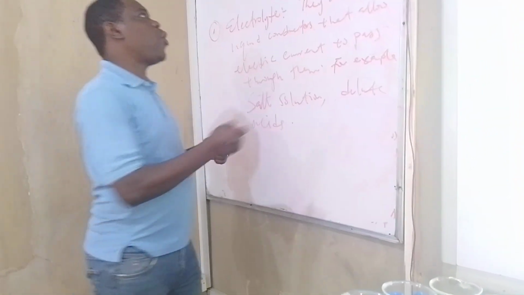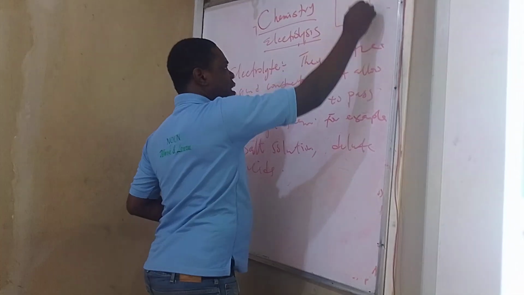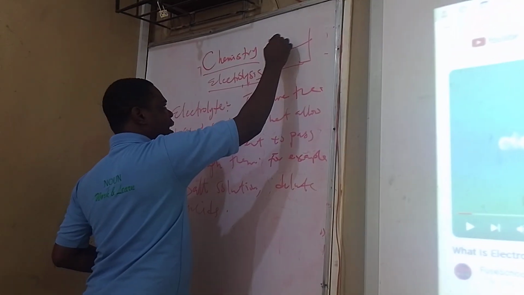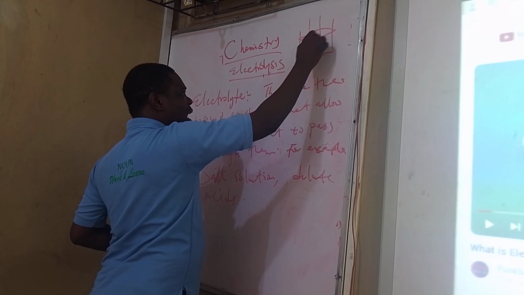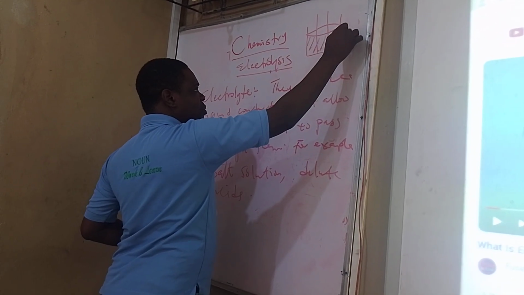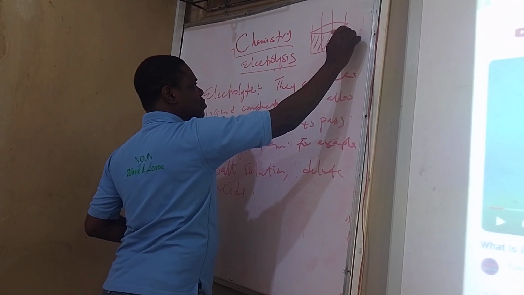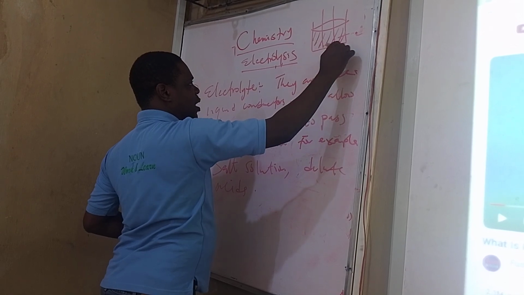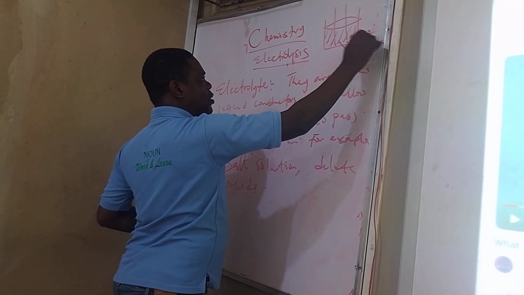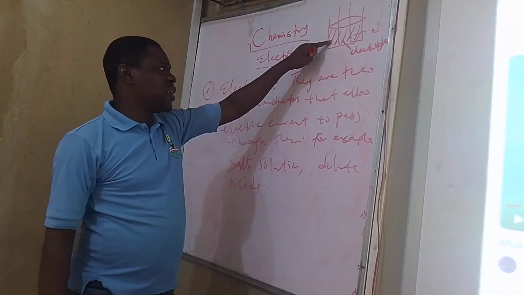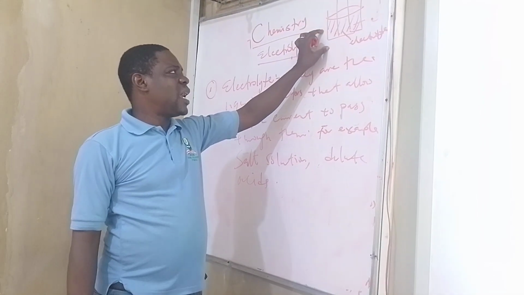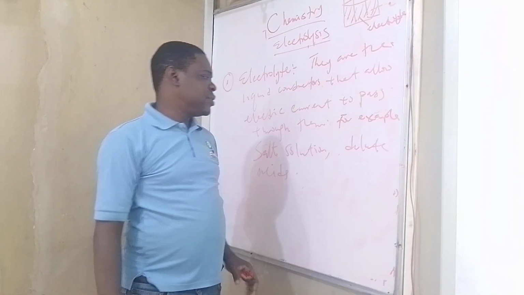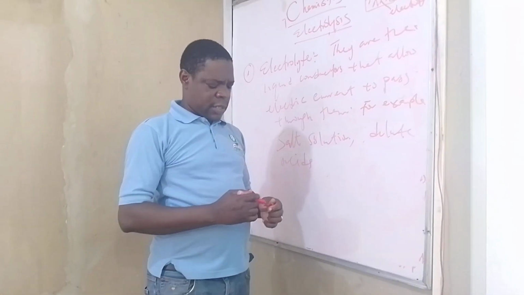These are what we put in our electrolytic cell. So here we're going to have electrolyte: a solution of the salt, a solution of an acid, or the molten form of the salt. Any of these three can be an electrolyte.